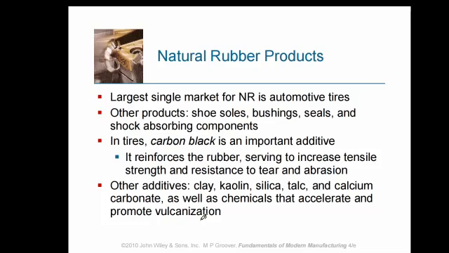In tires, they add an additive called carbon black, which reinforces the rubber, serving to increase its tensile strength and resistance to tear and abrasion. Other additives include clay, okay?